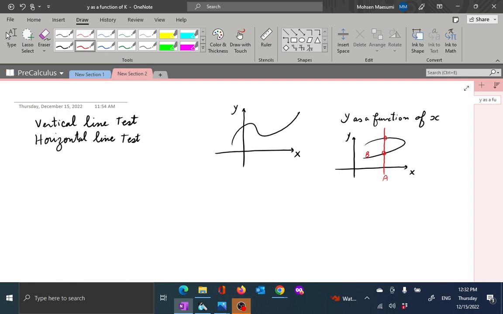Very simple. Now, for a function, we always insist that for a given input x, it has to have one output y. We do not admit the possibility of multiple outputs.